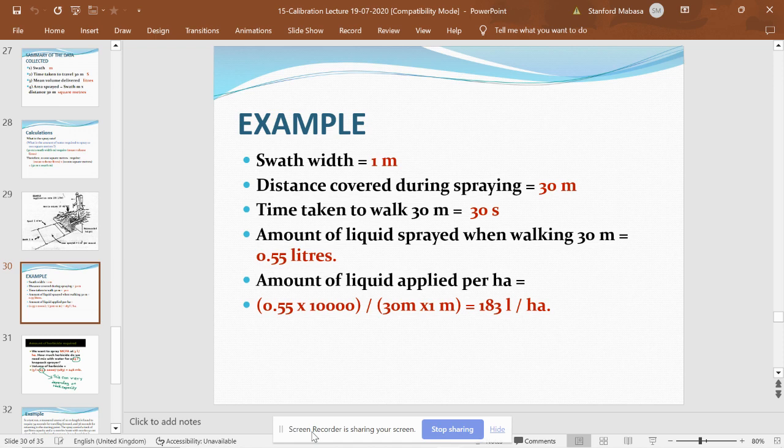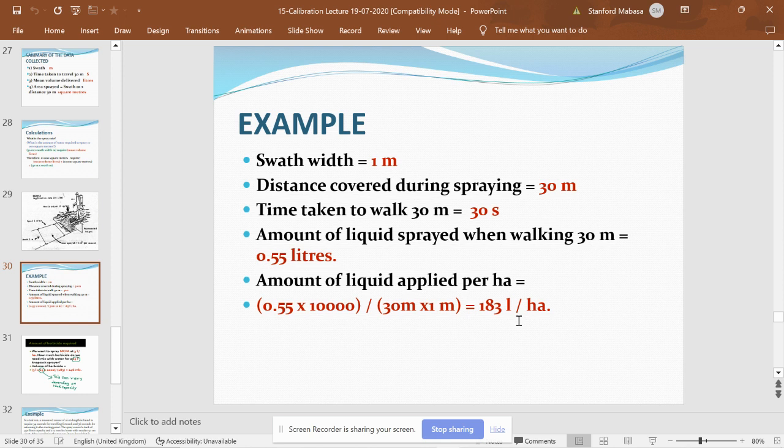Probably this was taken during a practical. Amount of liquid applied per hectare is now 0.55 times 10,000 divided by 30 meters times 1 meter, which is the area. And we now have our spray rate as 183 liters per hectare. But on average, it could be 200 liters per hectare.